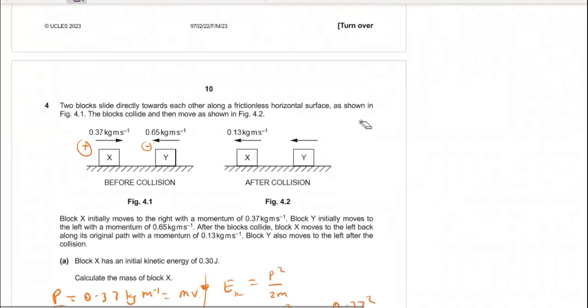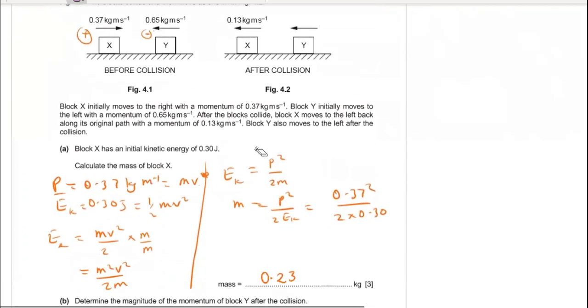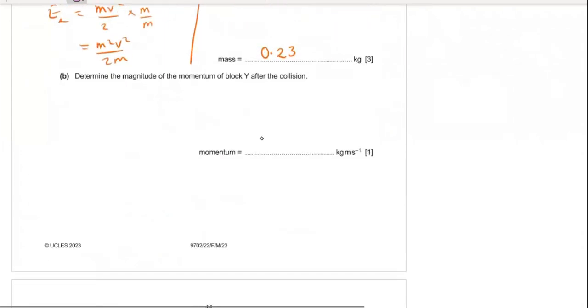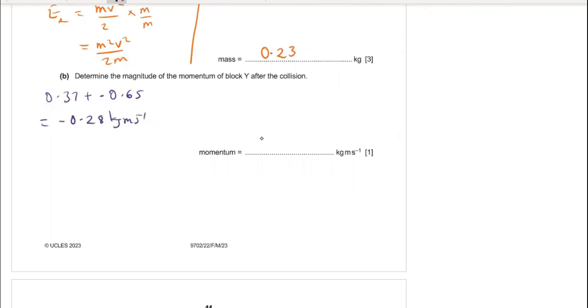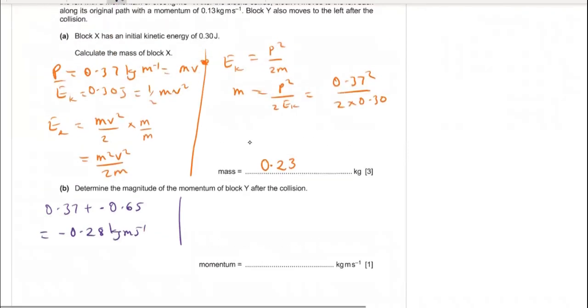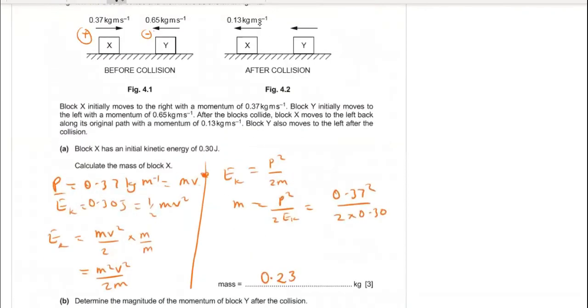Now, determine the magnitude of momentum of block Y after the collision. So we look at the diagram here. If for X, we take the direction of X, which is to the right, to be positive, that means we take the direction of Y initially to be negative. That means momentum before collision will be positive 0.37 plus negative 0.65, which gives us negative 0.28 kilogram meters per second. Then momentum after collision should be equal to momentum before collision.